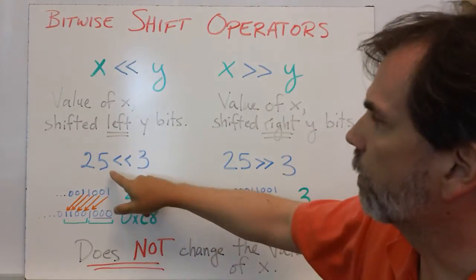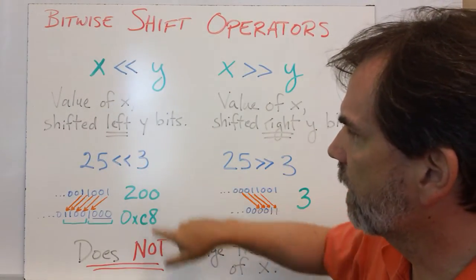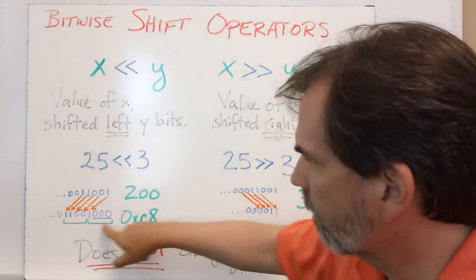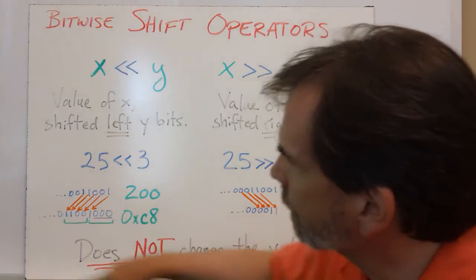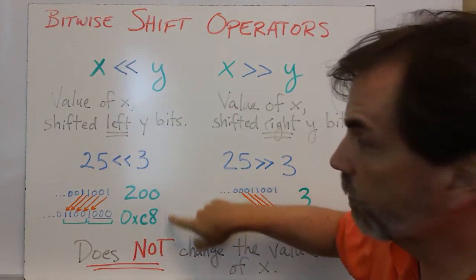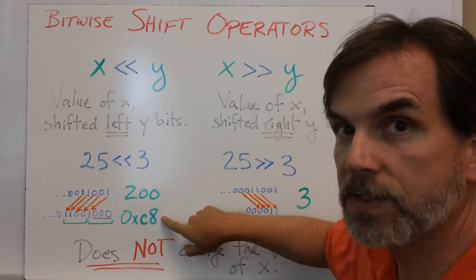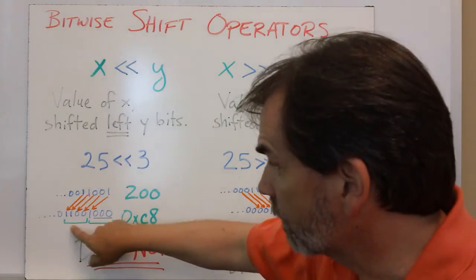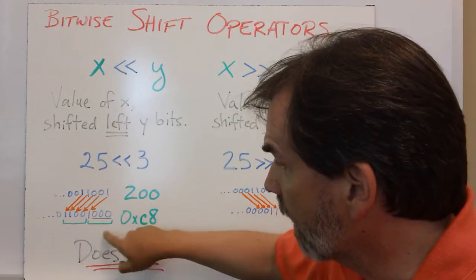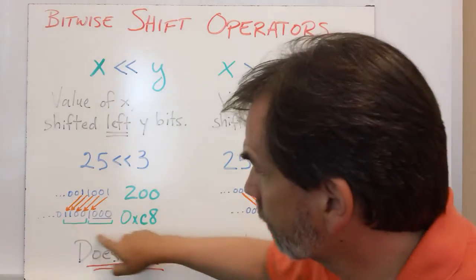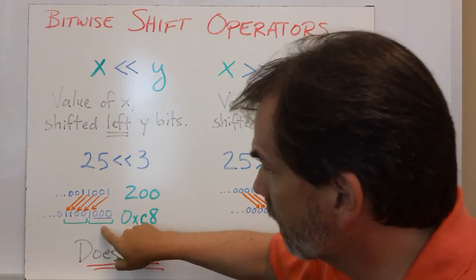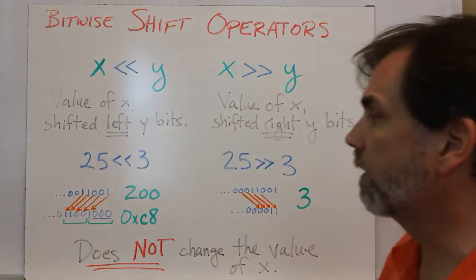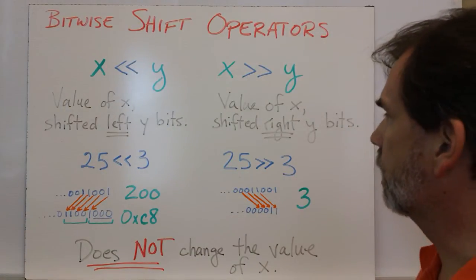Okay? So the result of 25 left shift 3 is this value here, which in C we could write as decimal 200, or we could write as hex C8. Remember, when we do binary to hex, we group in 4s. So each of these digits is the group of 4 of the corresponding digits.